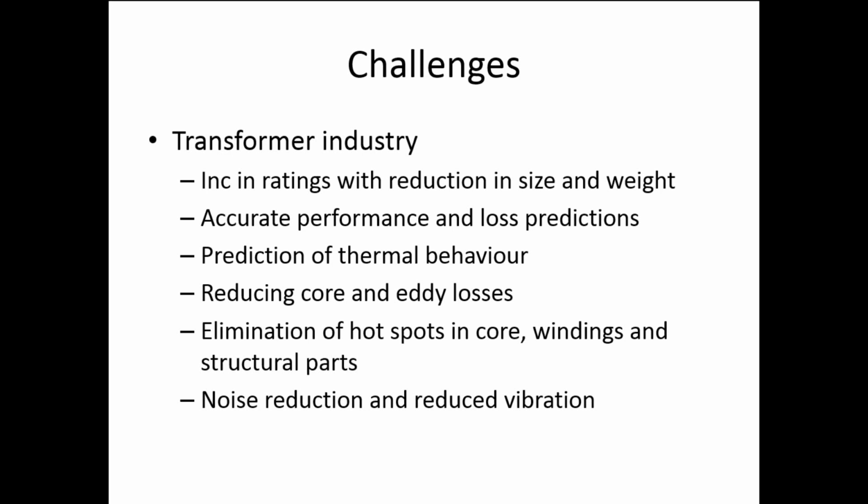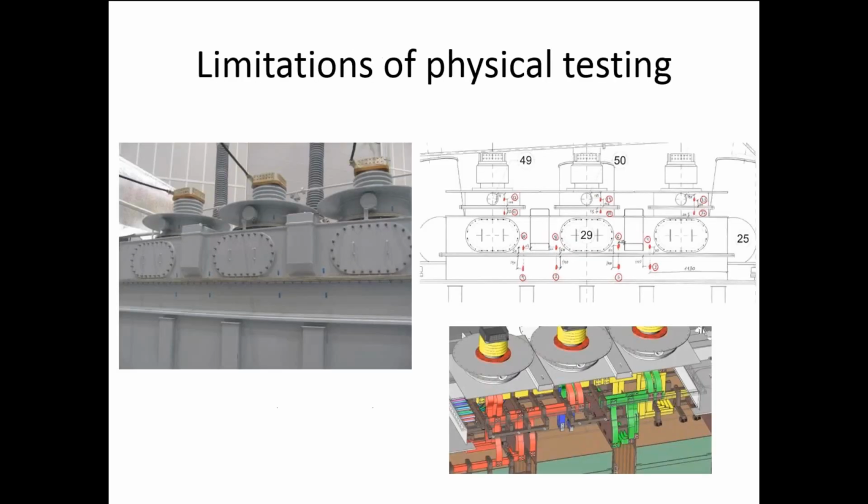You need to smoothen that out or eliminate as much as possible. The idea is to have a transformer working in a very ideal condition where the temperature is under control and so on. And obviously other parameters like noise and vibrations also come into play as some of the challenges in the transformer industry.